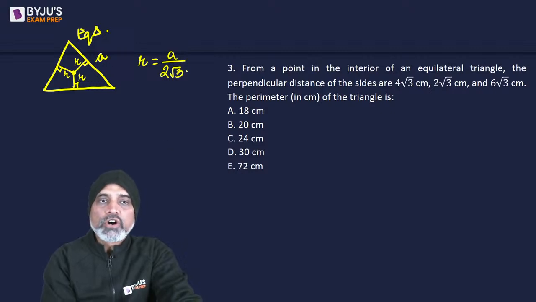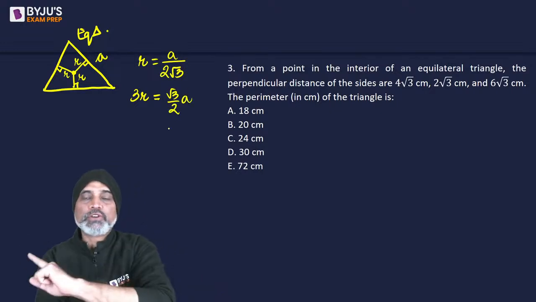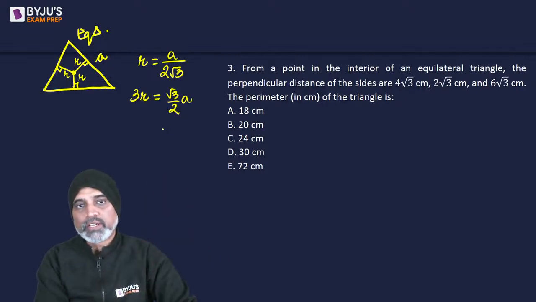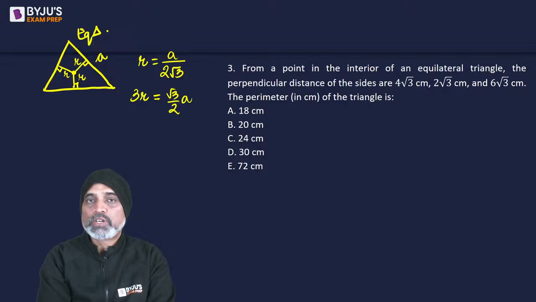Or you can also say that the sum of the three perpendiculars drawn is given as root 3 by 2 times a. If I multiply by 3 on both sides, root 3 will become 3, and 3 by root 3 will become root 3. So this is what we have.